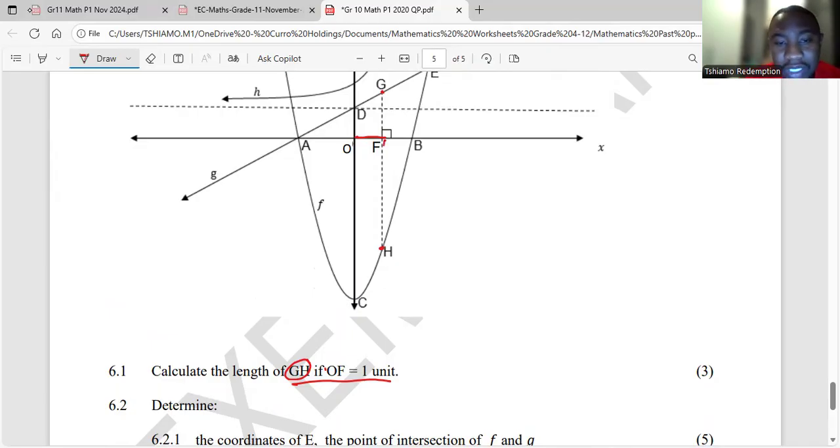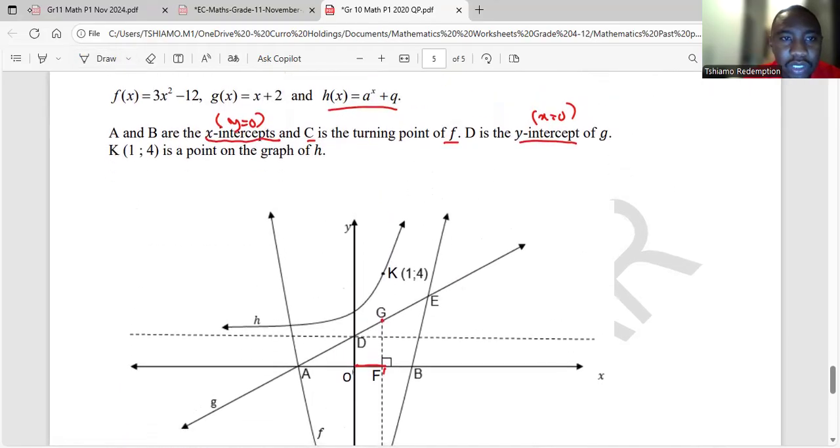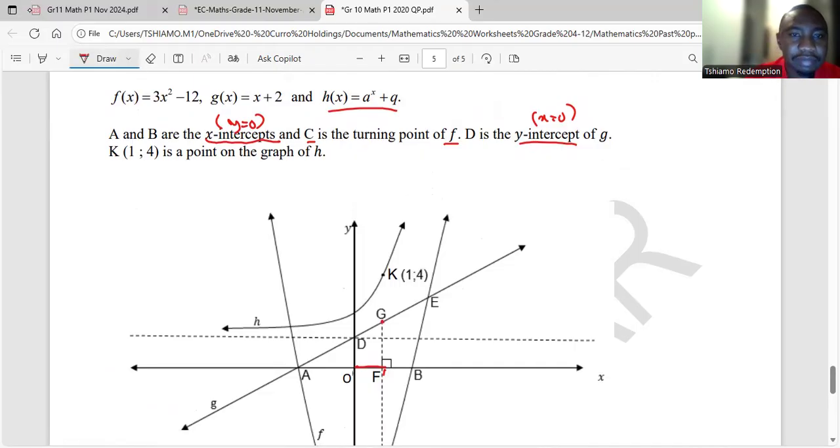It means they've given us the x value of 1. To calculate the length of GH, we need to find the values of y. I'm going to take the equation of the straight line and the equation of the parabola, substitute in the value of x, and that should give me the value of y. So for g of x: 1 plus 2, which is 3.